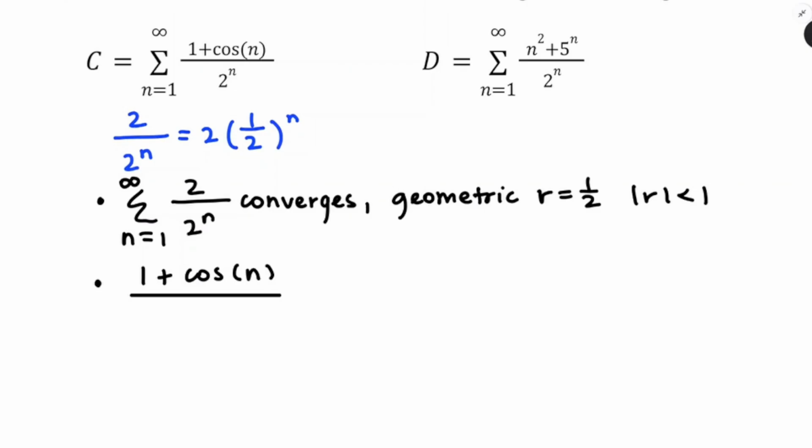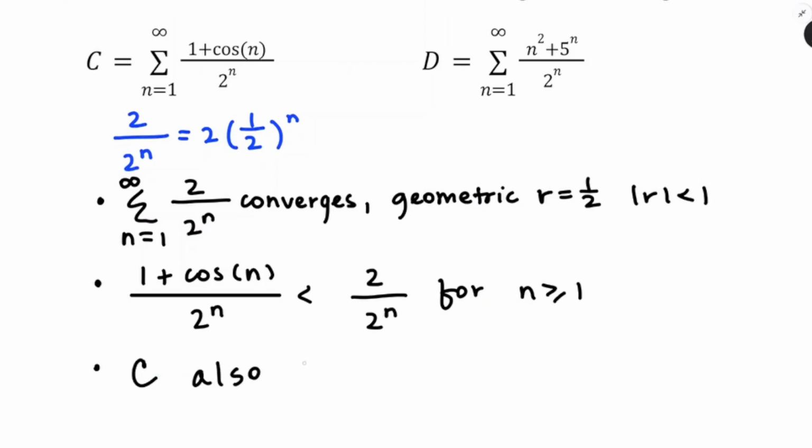That would have been an n equals 0 only. That would be the only integer that works. So the term is less than 2 over 2 to the n for all n greater than or equal to 1. So as a result, I can say that C also converges.